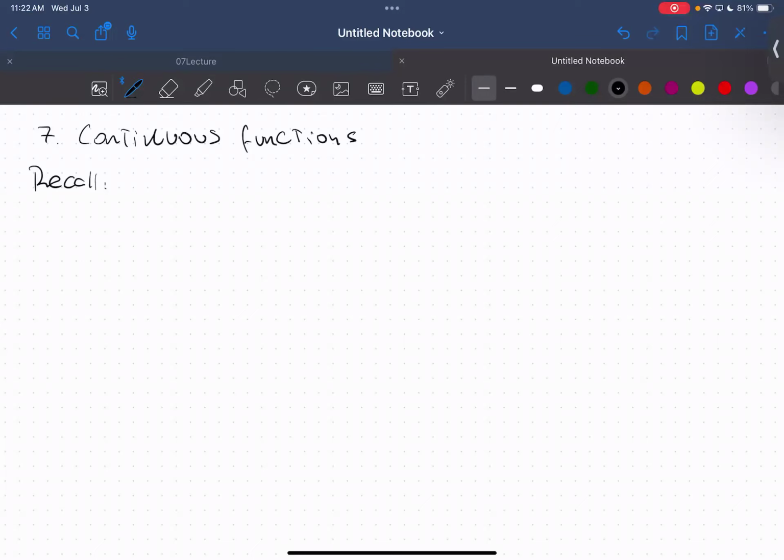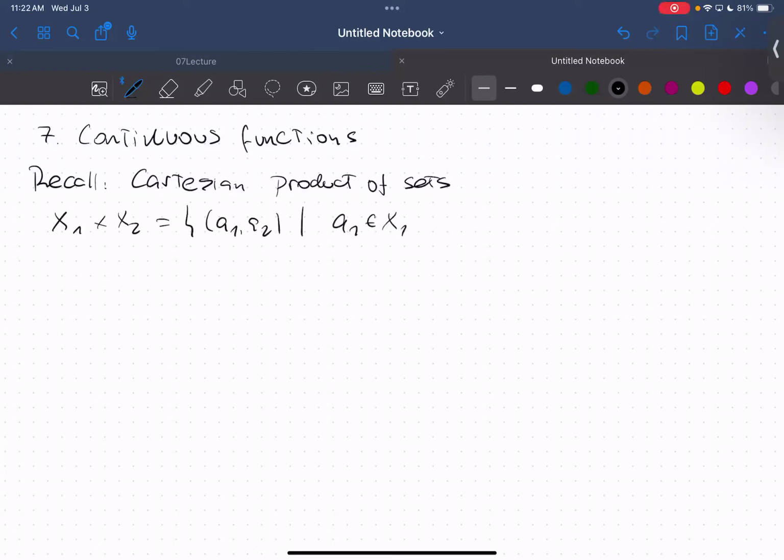We have the Cartesian product of sets. Remember the finite case. If you have two sets, x1 cross x2, this is just pairs (a1, a2) where a1 is in x1, a2 is in x2.